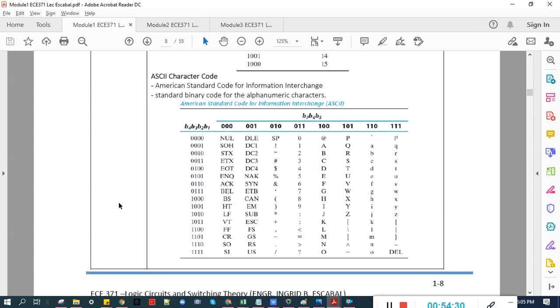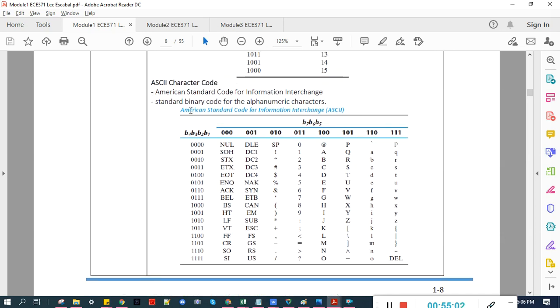ASCII character code. This is the most used binary code. We're using it in our laptop computers and any other gadgets, because this ASCII code represents the alphanumeric, the alphabets and the numbers.